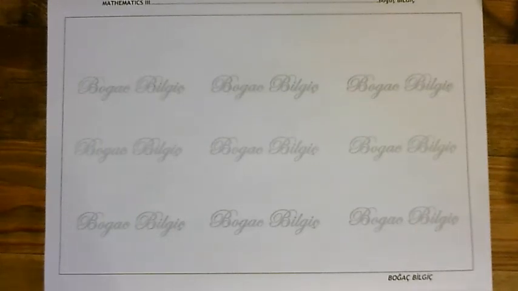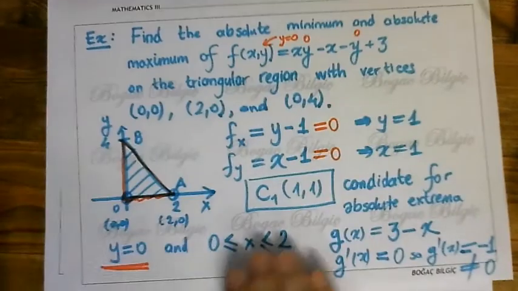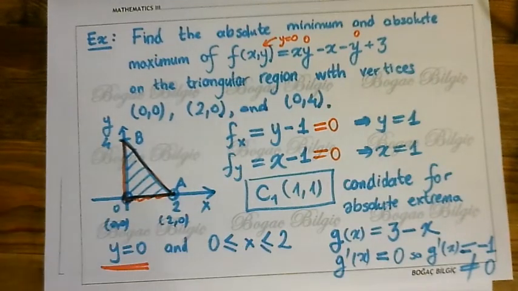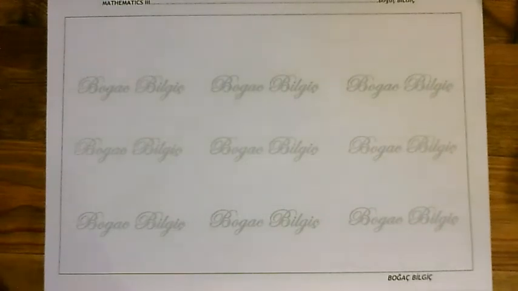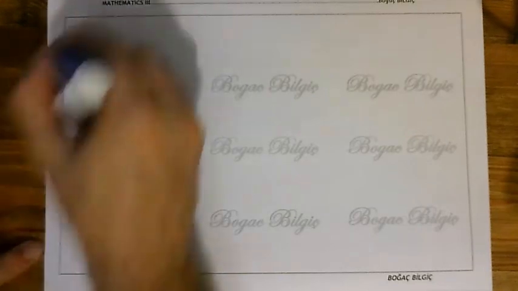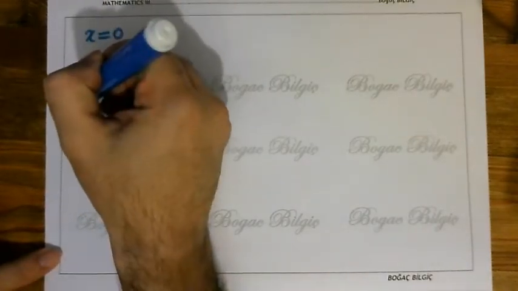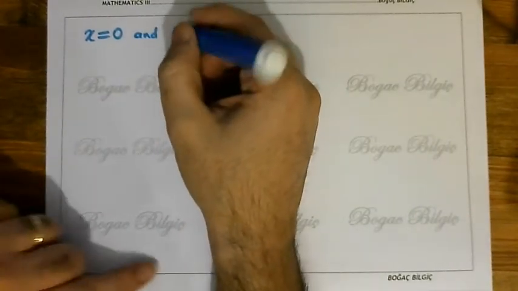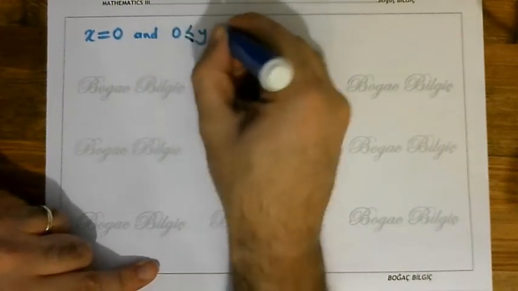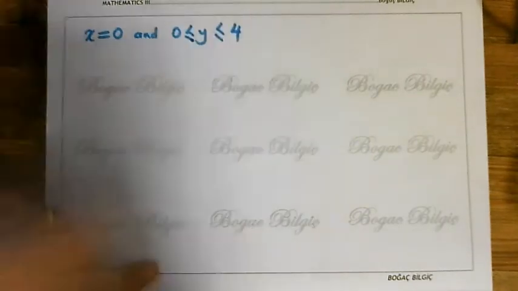The boundary on the y-axis, now. The boundary on the y-axis is defined by x is equal to 0 and y is bigger than 0 and smaller than 4.